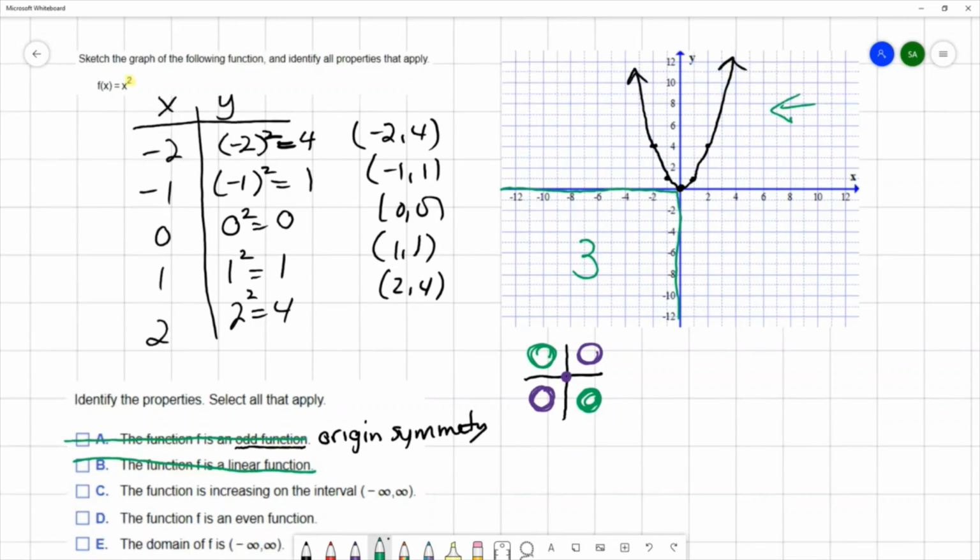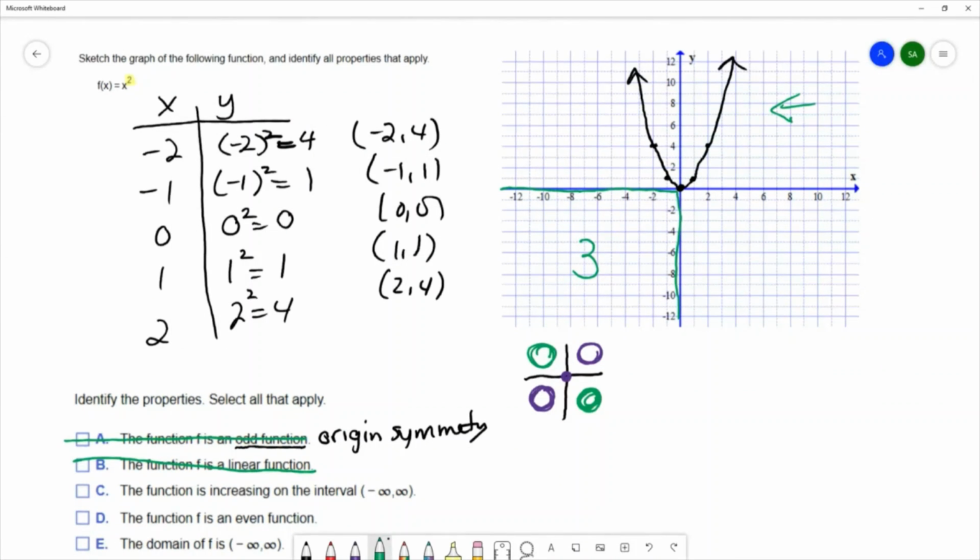The next statement says the function is increasing on the interval from -infinity to infinity. As I look at this graph, starting from left to right, my y values are decreasing along this section and increasing along this section.